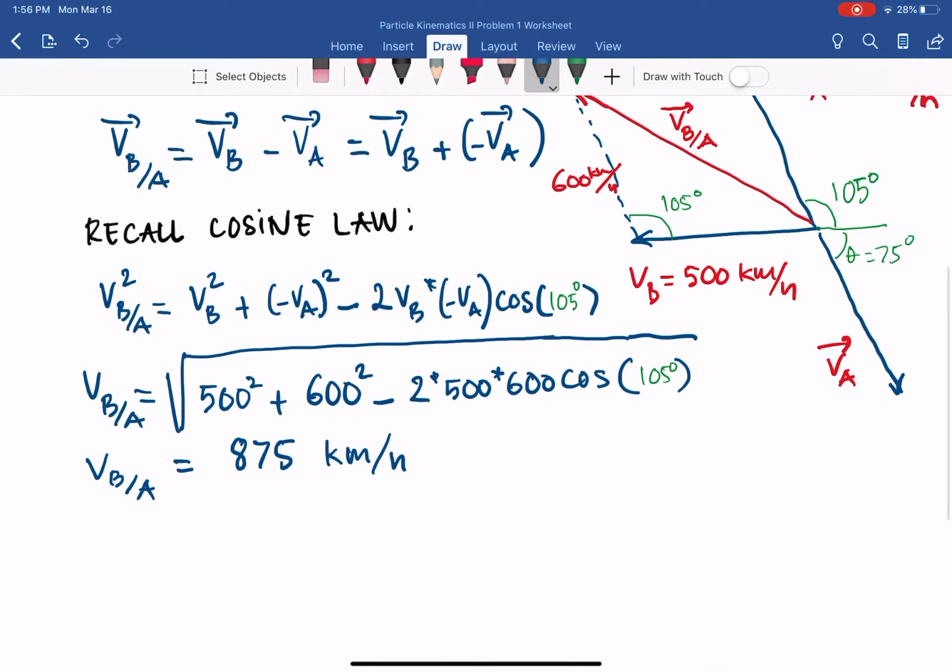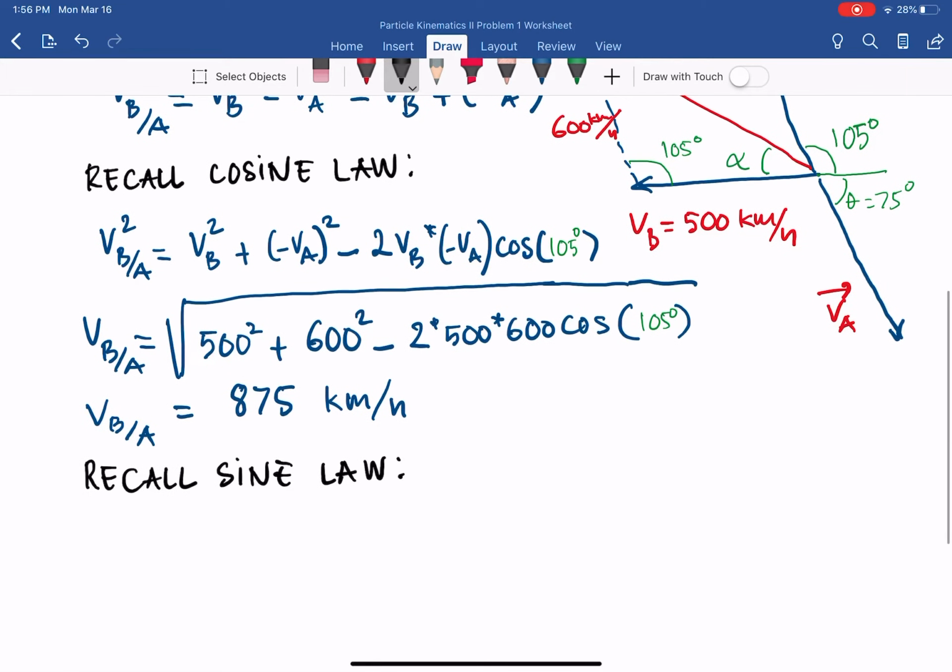So that is the magnitude. We also want to know the direction. So let's call the angle here alpha. How can we find alpha? We can recall the sine law for the triangles. The opposite side over the sine of the angle is constant.